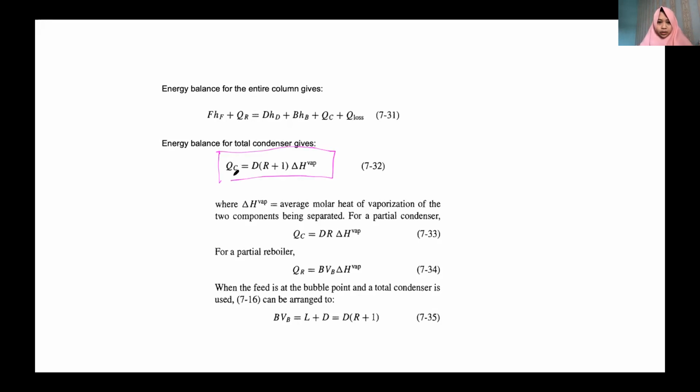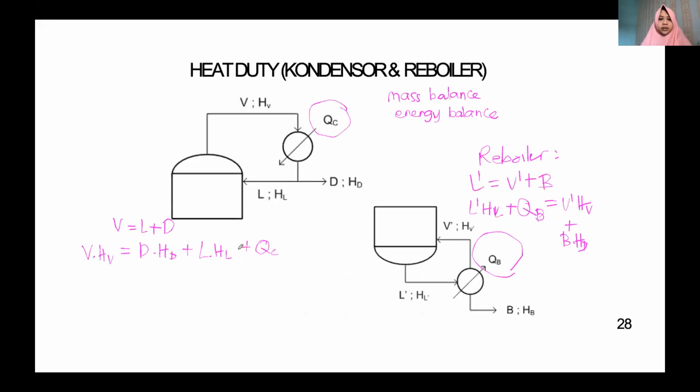We have the Q condenser, based on this one, and the Q condenser is actually the V multiplied by this one.